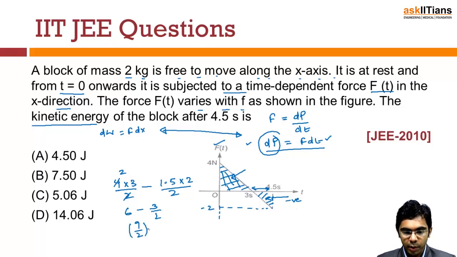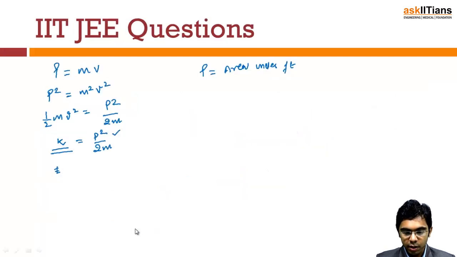This is the total momentum. As we have to find the kinetic energy, let's substitute the value of P over here. This will be 9 by 2, so 9 square divided by 4 into 2 into mass.